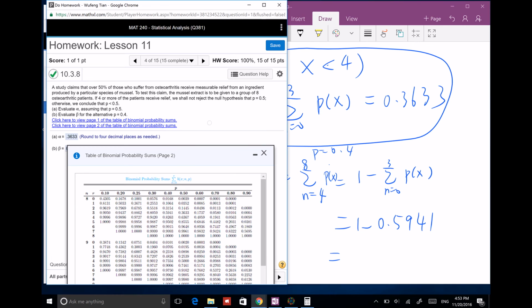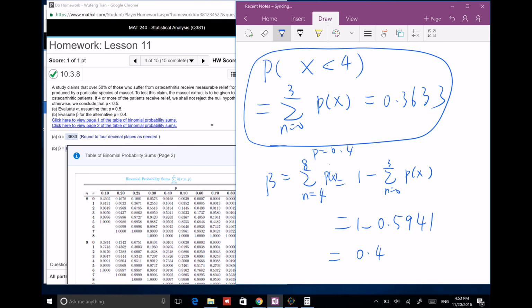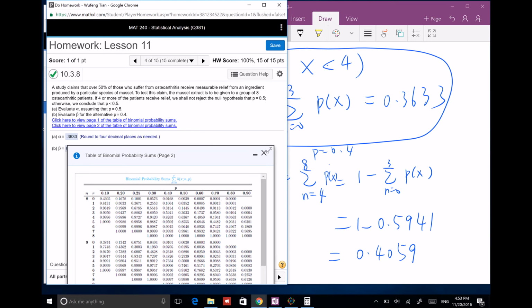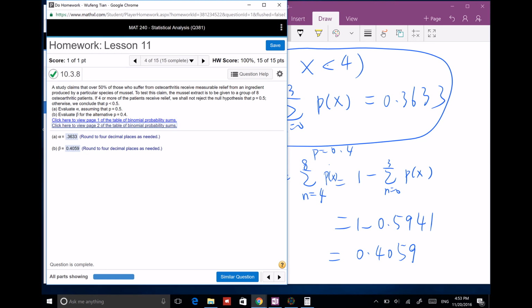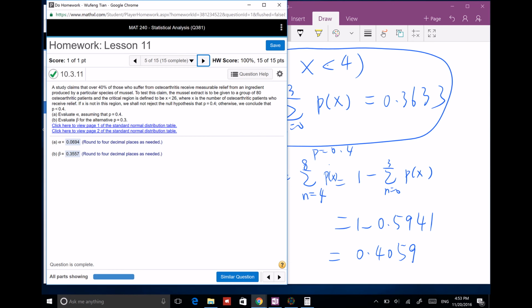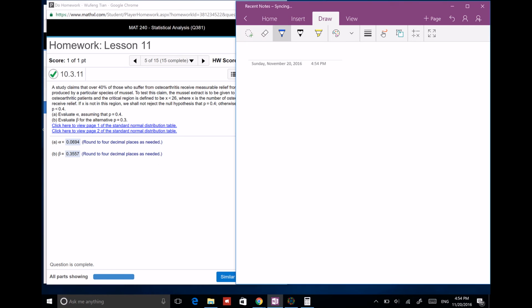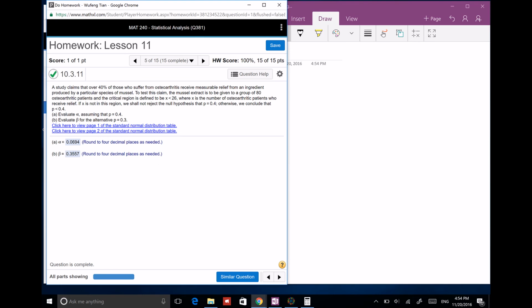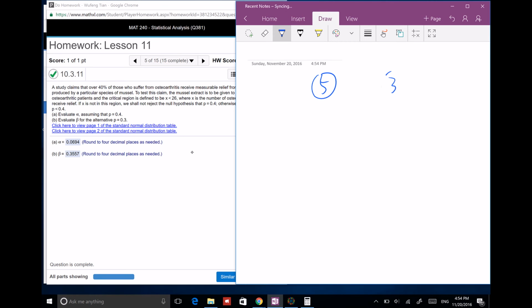This one equals 0.4069. No, 0.59. Sorry, it's 0.59. Okay, so you should get this one and the second one. All right, so number 5. Number 5 is exactly the same method we did in number 3.